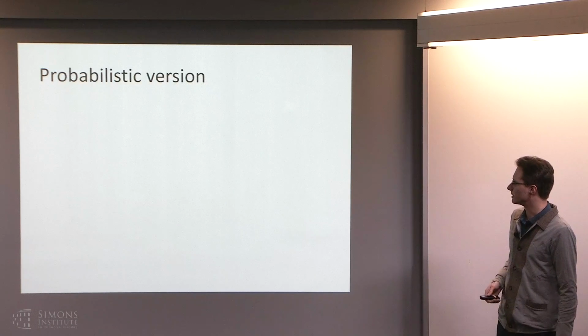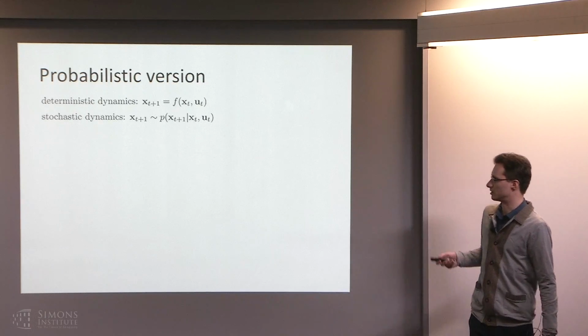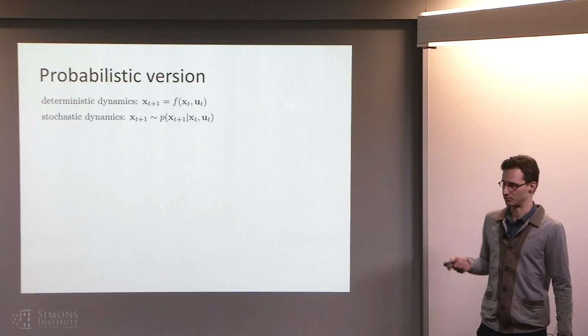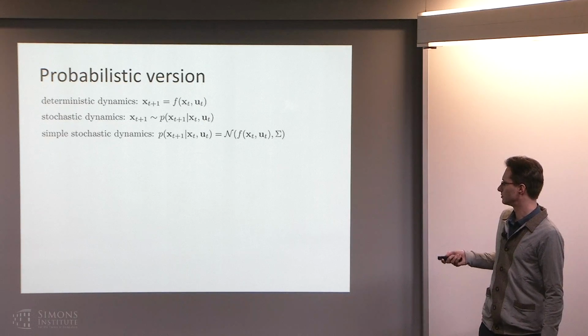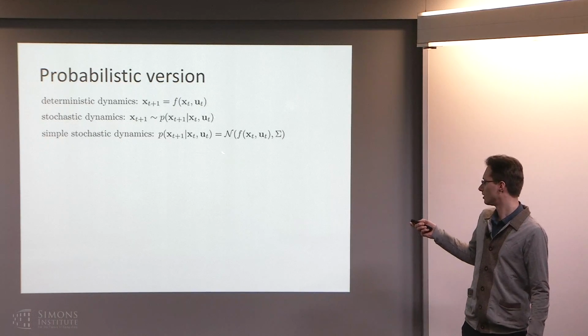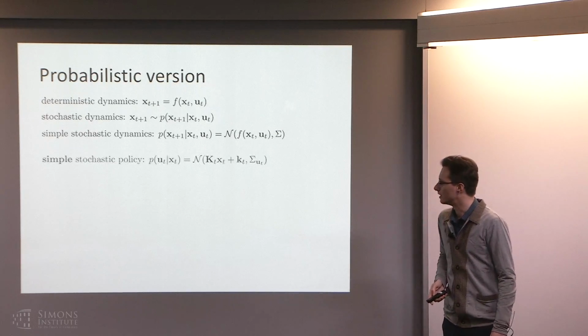All right. We can also write down a probabilistic version of this. We can say that maybe our dynamics are not deterministic, maybe they're stochastic, maybe the next state is distributed according to some conditional distribution that depends on the previous state and action. A simple stochastic dynamics for continuous systems that's often used is that your state is some Gaussian distribution where the mean is this thing f, and there's some covariance, some noise added.